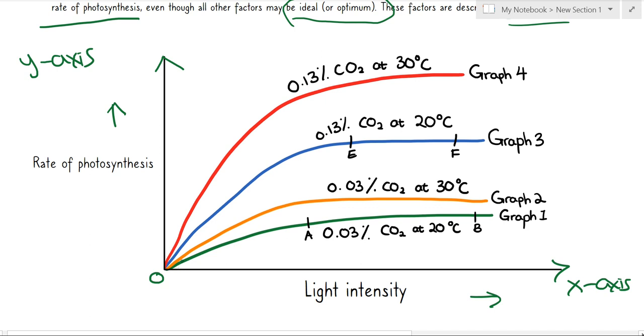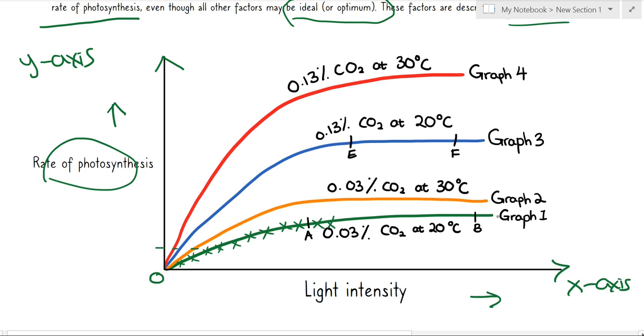And as we increase light intensity, the rate of photosynthesis also increases. You can see the graph going up. It goes up and up, which means it's increasing, until it reaches this plateau.